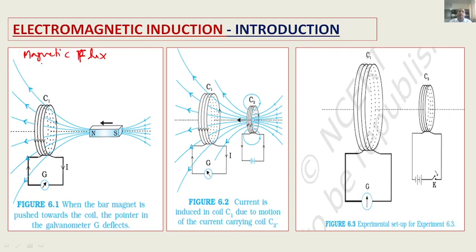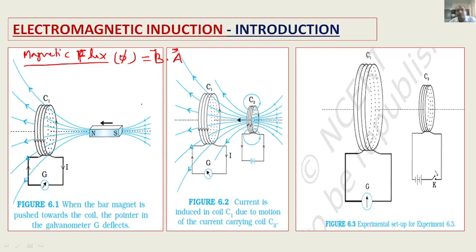Magnetic flux is denoted by phi, and magnetic flux phi is B dot A, right? B is the magnetic field and A is the area vector.